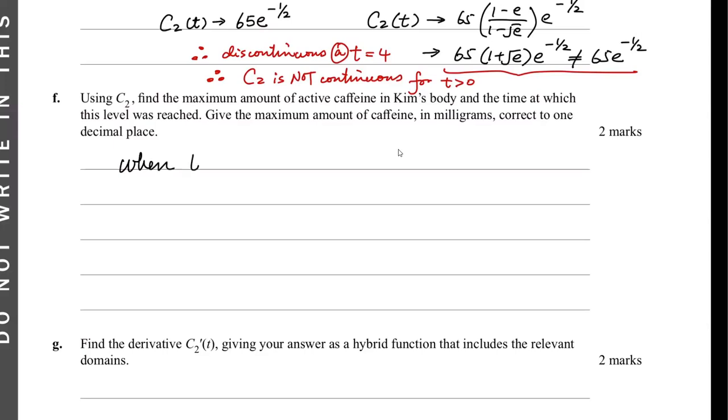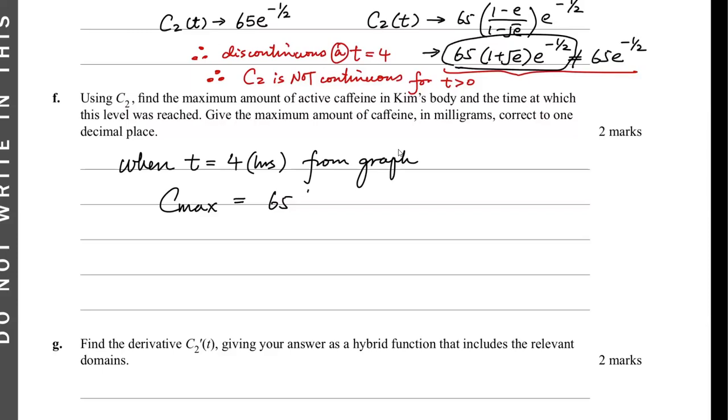When t equals 4 hours, from the graph, C max equals 65 times (1 plus root e) times e to the power of minus half, which is exactly this thing. And we can evaluate these to 1 decimal place in milligrams. The CAS calculator would be able to do that.